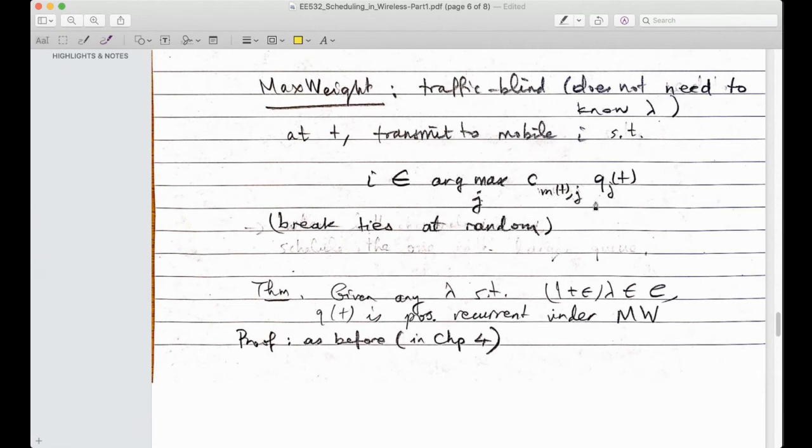Okay, so C times Q. So choose one of the users that maximizes the rate times the Q state.